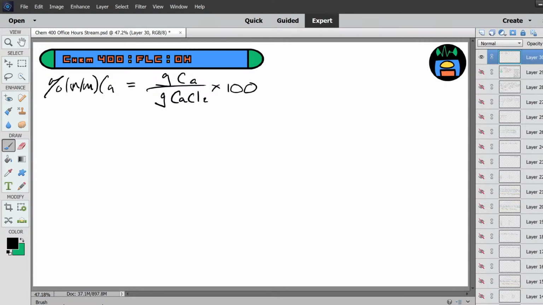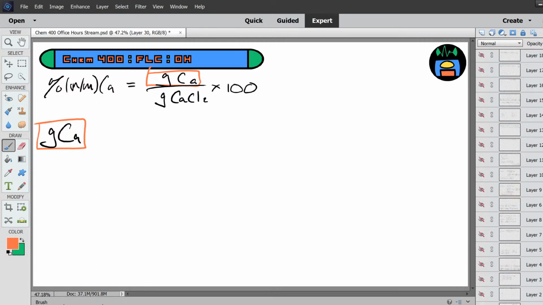Now let's think for a minute about where you get that numerator, where we get our mass of calcium.